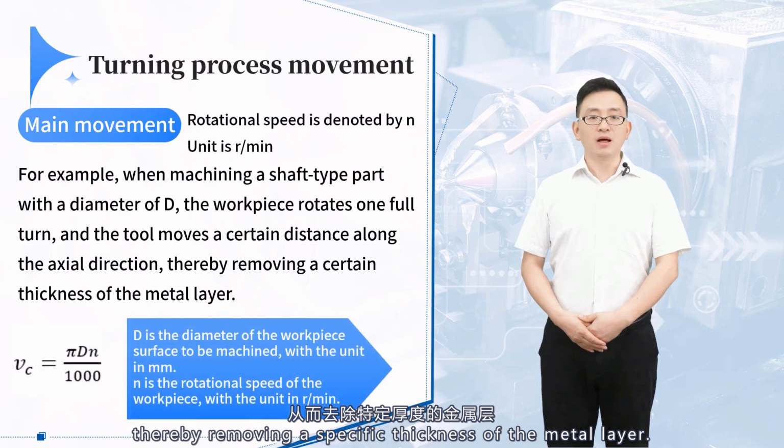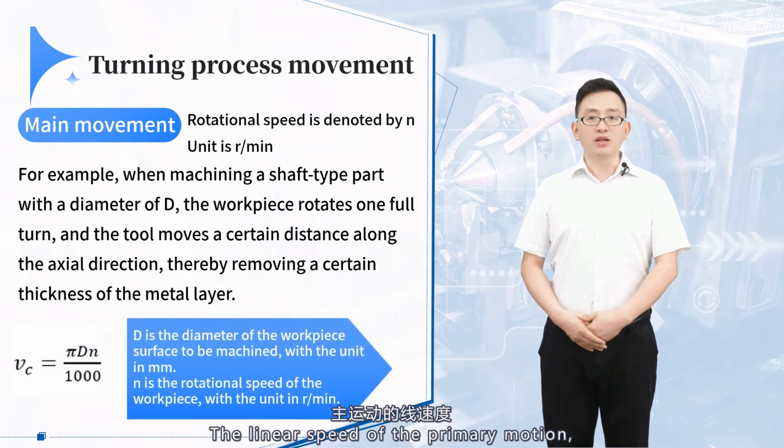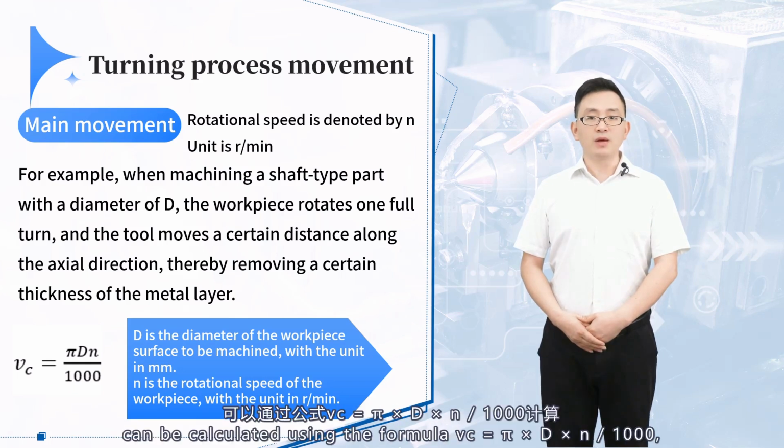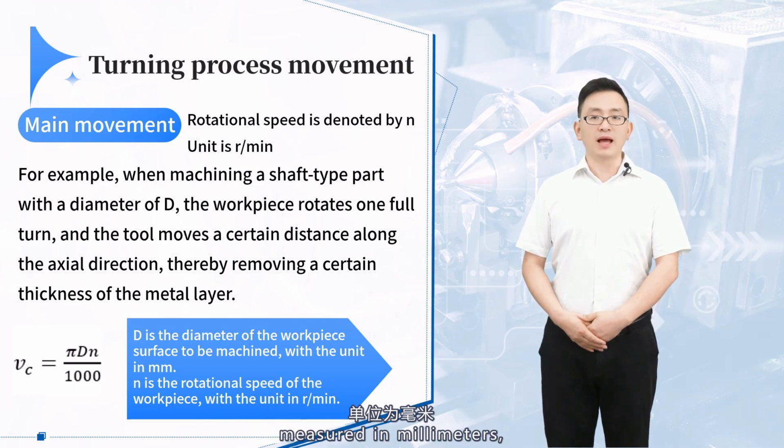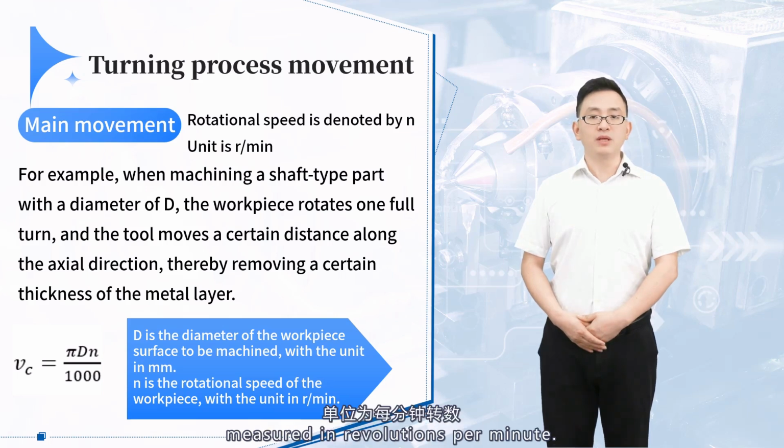The linear speed of the primary motion, denoted as Vc, can be calculated using the formula Vc equals pi times d times n divided by 1000, where d is the diameter of the workpiece surface to be machined, measured in millimeters, and n is the rotational speed of the workpiece, measured in revolutions per minute.